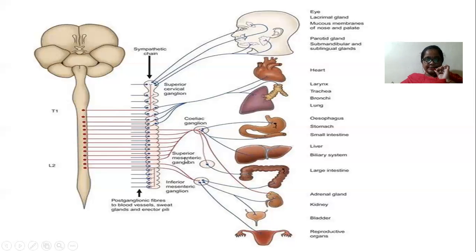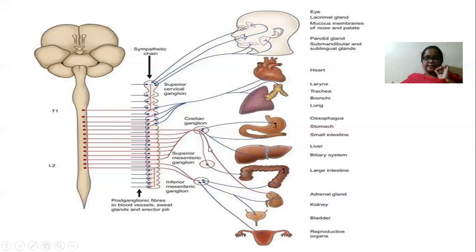The prevertebral ganglion consists of three parts: the celiac, superior mesenteric, and inferior mesenteric ganglia. The T5 to T11 sympathetic preganglionic neurons make a synapse with the postganglionic neurons in the celiac ganglion and superior mesenteric ganglion.